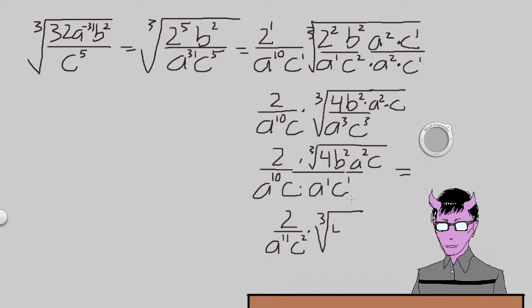Let's put it in alphabetical order. So a squared, b squared, and then c. Drag it all the way over, and that is the final answer. You can also put this up on top to accompany the 2. So I guess technically not the final answer.